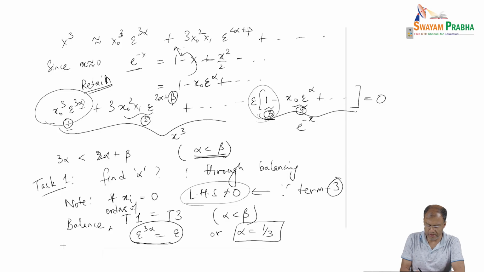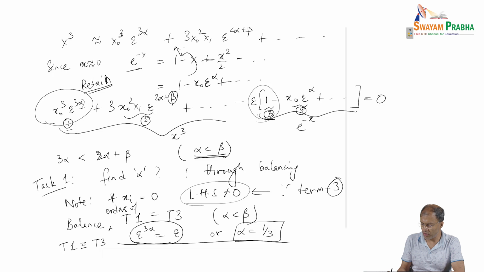Now if we balance term 1 and equate it to term 3, we see that x naught epsilon to the power 3 alpha now becomes epsilon, equal to term 3, which is epsilon, or we get that x naught is equal to 1. From here we see that x naught is 1.